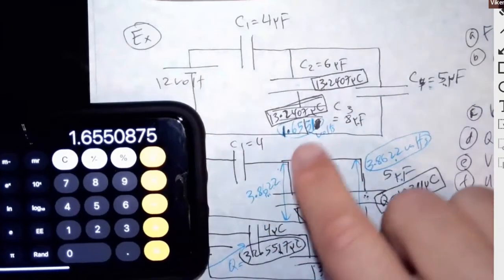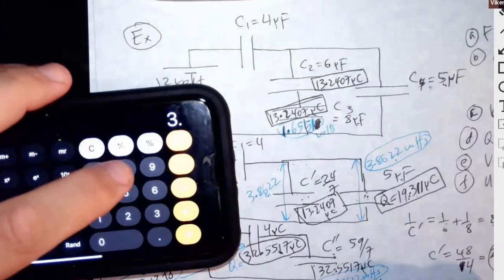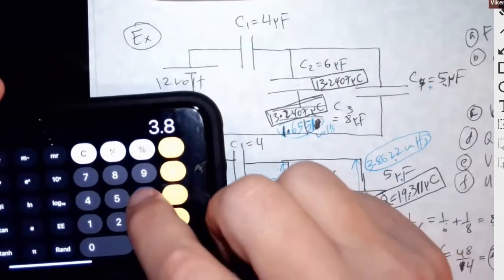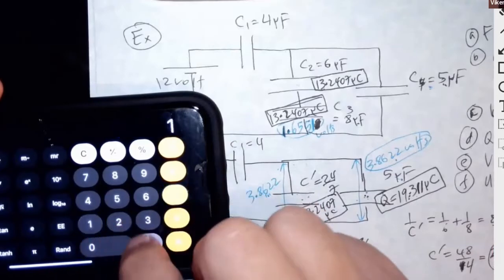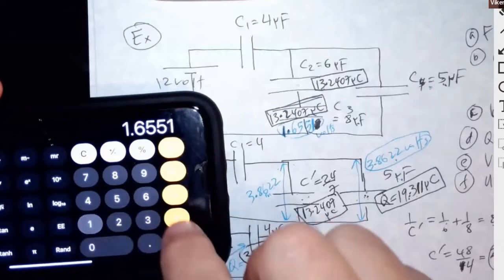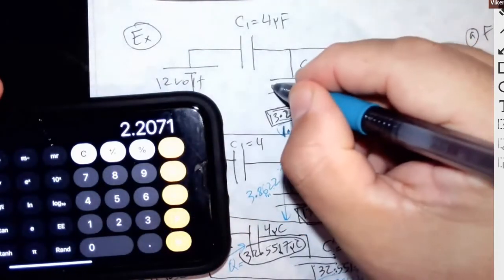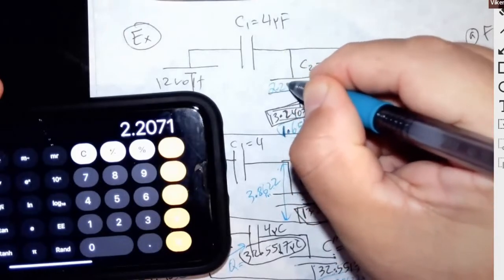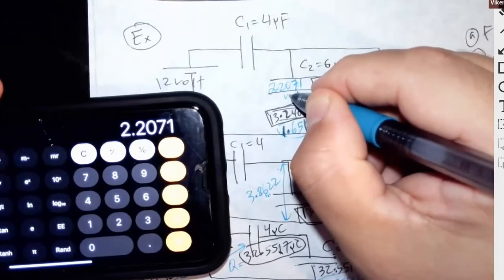Right? So this minus this, 3.8622 minus 1.6551. Okay, so then this is going to be 2.2071 volts.